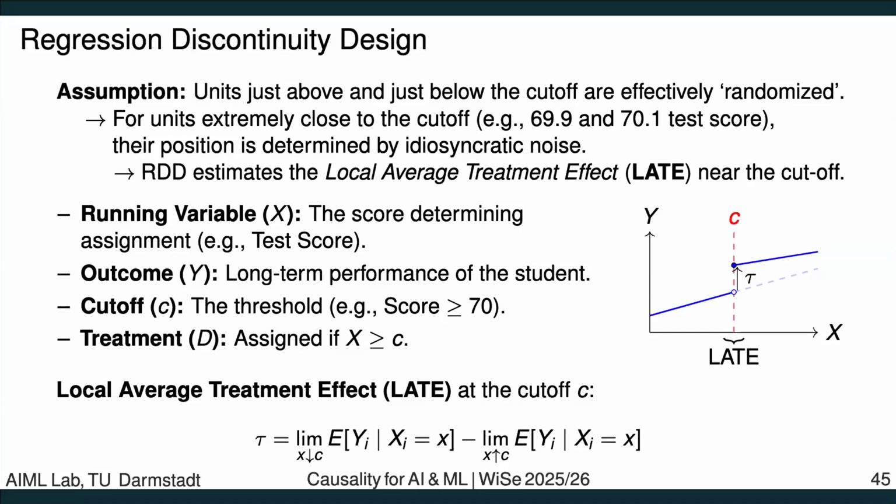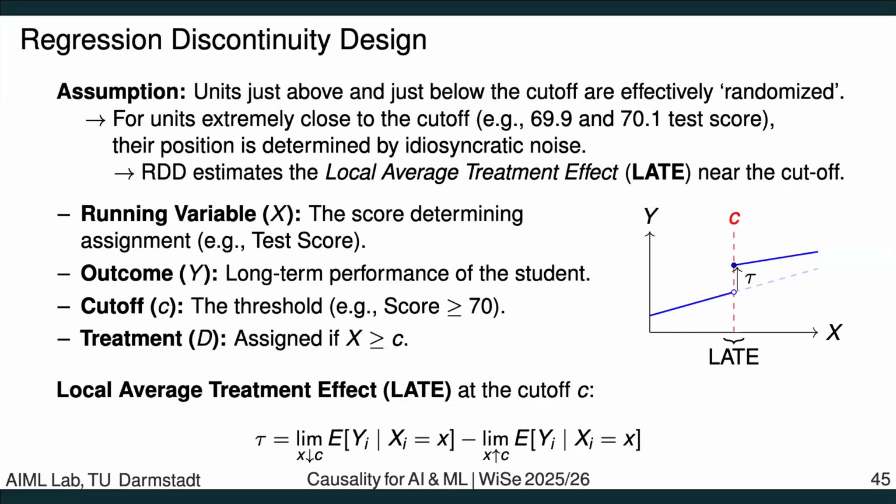So don't take the full population, but let's say plus or minus 5 test score points, all the students there, and see what is the effect on those students, which I assume to be roughly similar in terms of their other properties, their covariates.